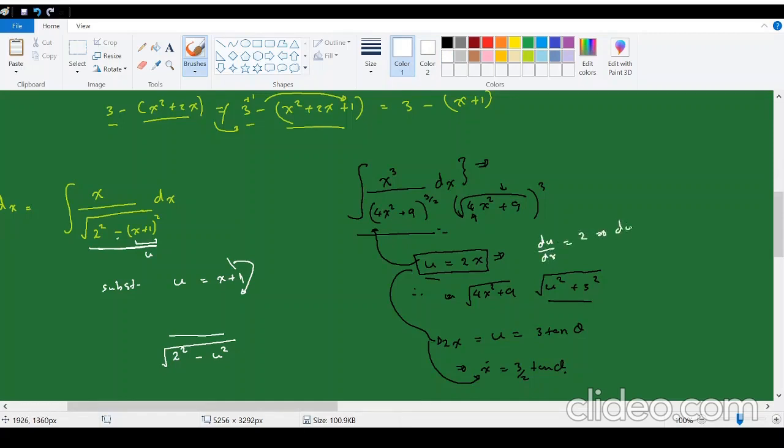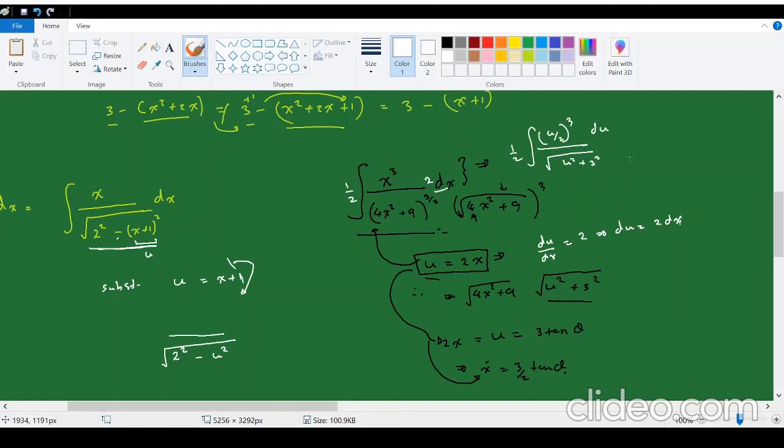That means du is equal to 2 times dx, and therefore we should divide by 2, and then we will have the integral like this. x is equal to u by 2, so this is u by 2 cubed, and in the denominator we will have the required term u squared plus 3 squared, and for this one we have u, right?